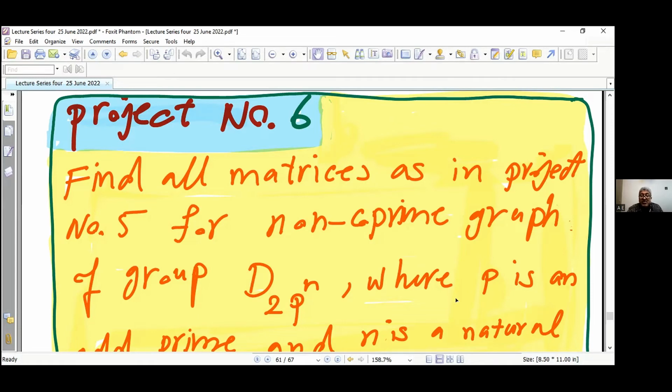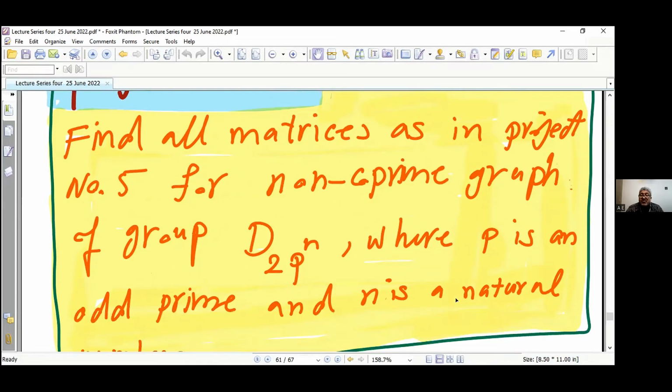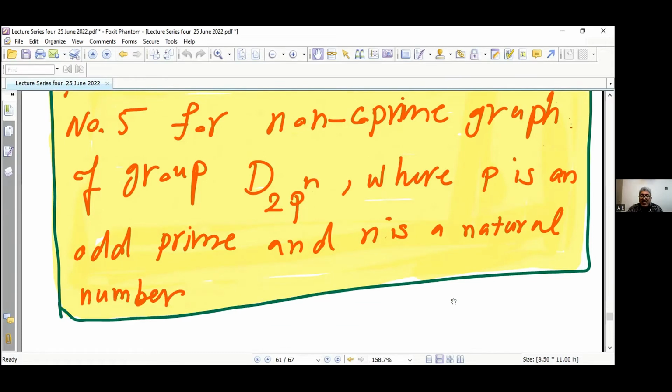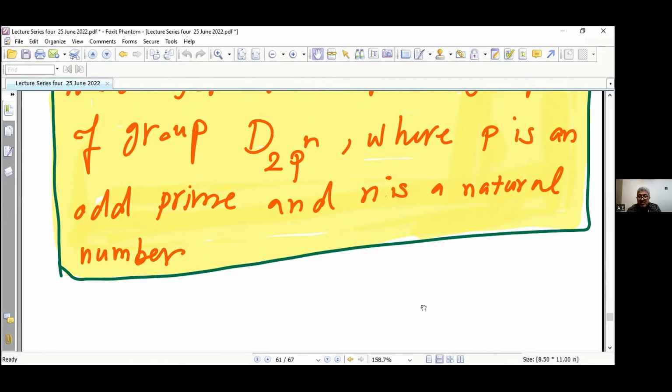So for the non-coprime graph of the dihedral group of order 2 times p to the n, you have to first determine the graph structure, and then compute all such matrices, their eigenvalues, and also the energy of these matrices.